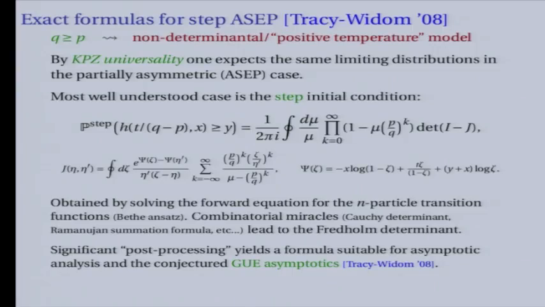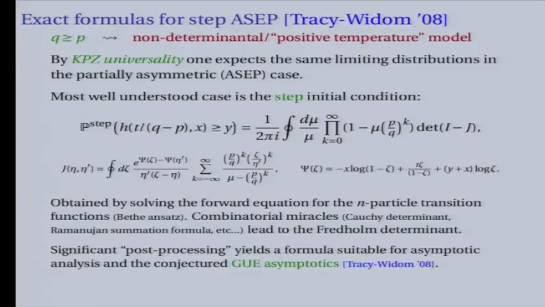Okay, so we're really interested in what happens in the partially asymmetric case. So now I just take q larger than or equal to p, with q not necessarily being 1. And one expects, by the conjecture of universality in the KPZ universality class, that the same fluctuations should arise, no matter whether q is 1 or is not 1.